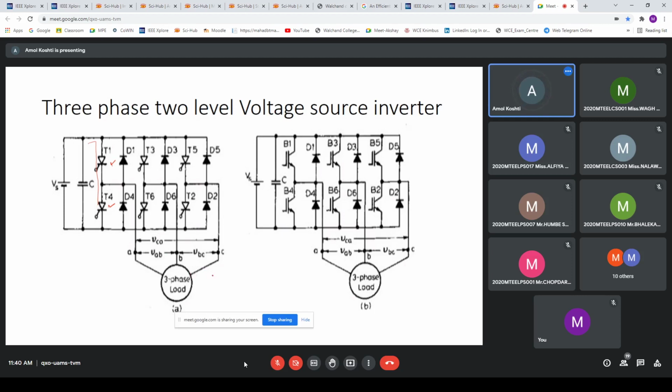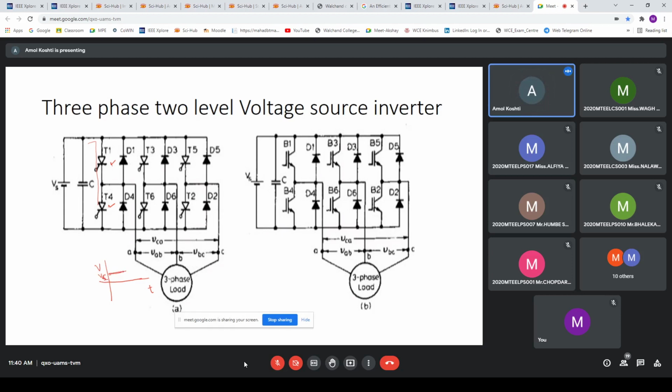level output. Two level output means, if you see, this is the voltage which we take with respect to time. Two level output means this is one level. Suppose this is the VDC level, because VS is our source.